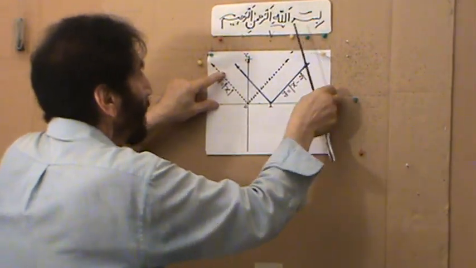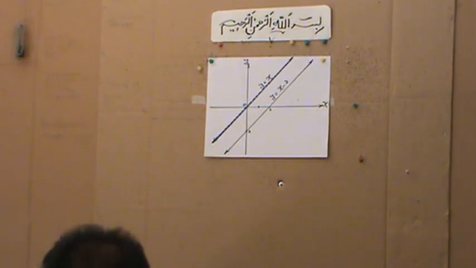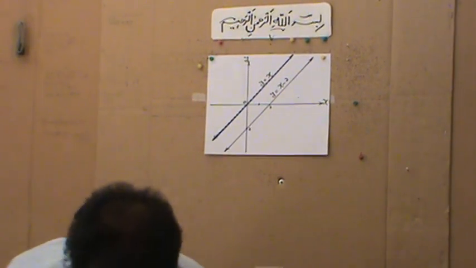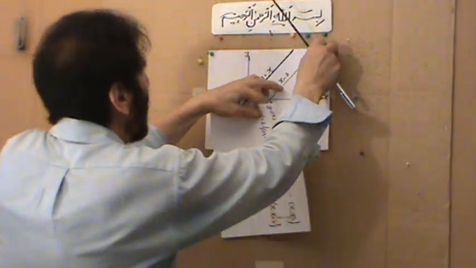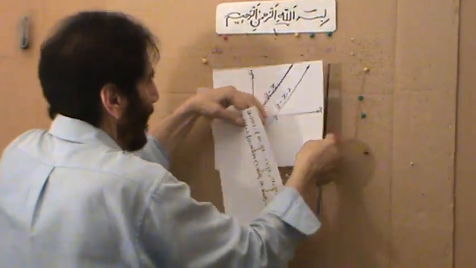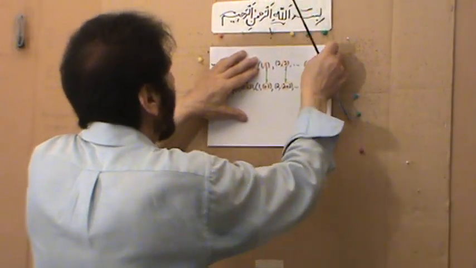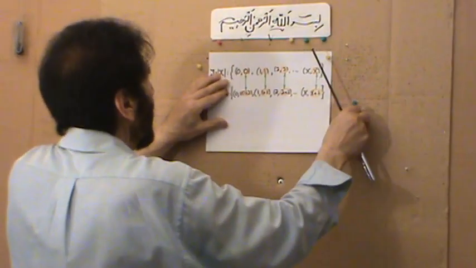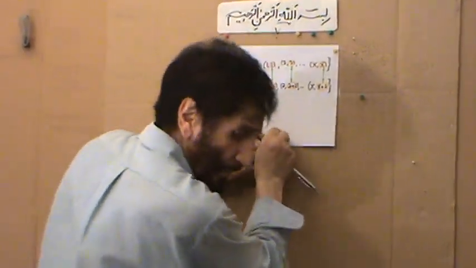Okay, now let's see what happens when our graph is going to be y equals, let me take this one out. Now we want to know what happens when we are dealing with y equals, that I forgot to write, let me write it right now, if I may.